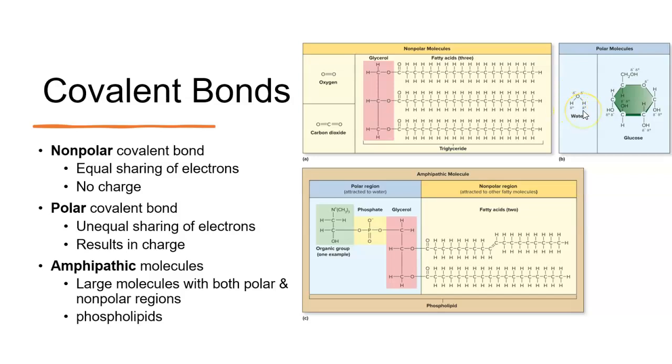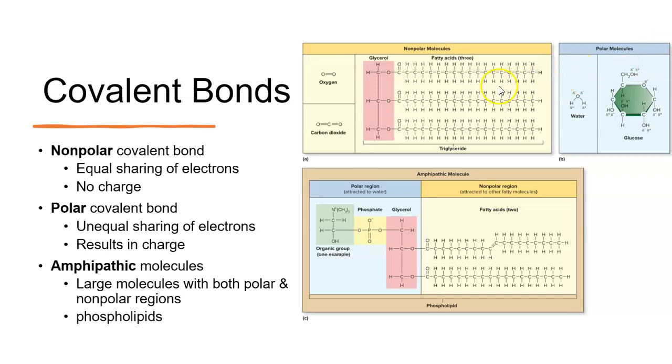The hydrogens, because they're not getting to play with the electrons as much, have more of an overall charge of a little bit positive. So that creates a negative area and a positive area, or a polar molecule. Now that's going to be very important when we start talking about properties of water.